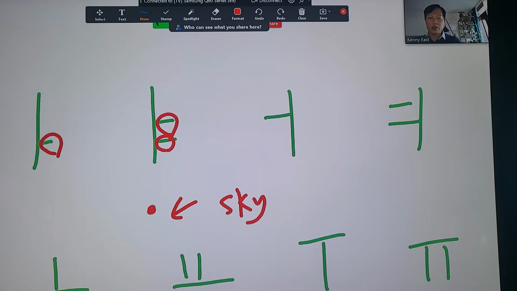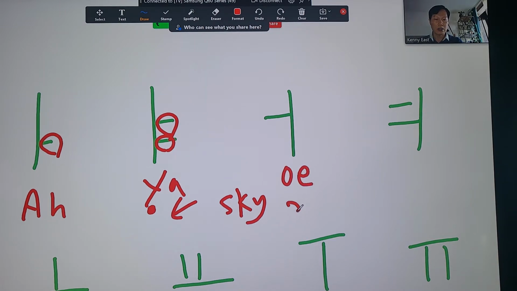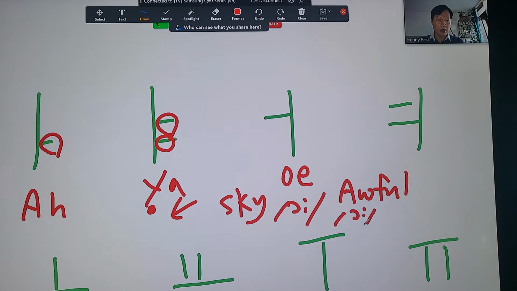How do you pronounce the first one? We pronounce it with an a sound. The second one, we pronounce ya. The third one, we pronounce it like the a sound in an English word.